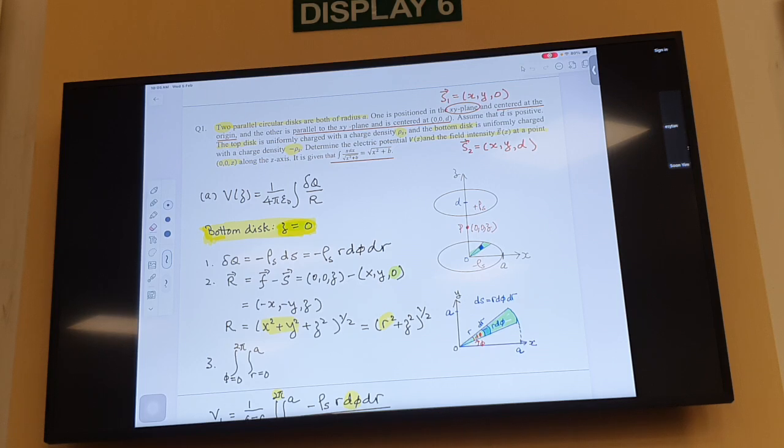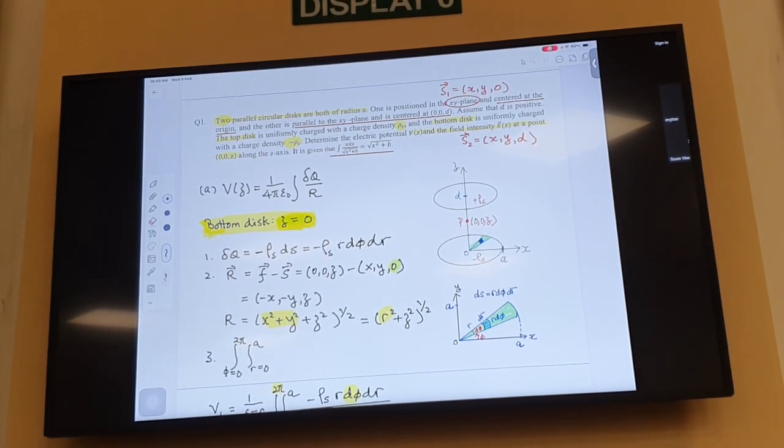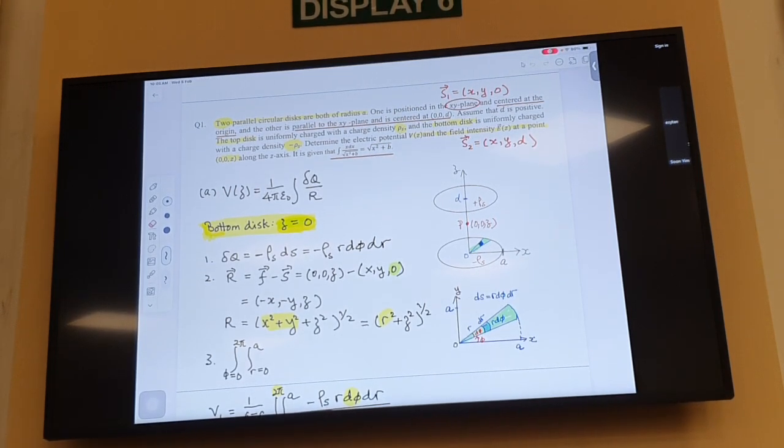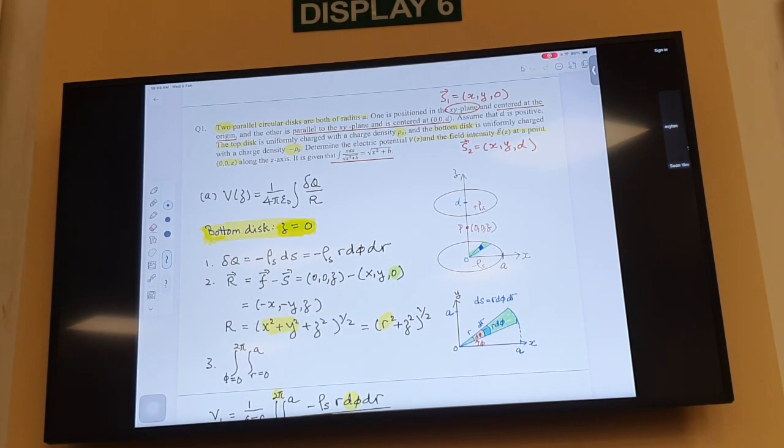If you have a phi here, this angle, you cut a very small angle here, called d phi. This length is r, and this small length here will be dr. But we are not interested in d phi alone. One common mistake, some students write the area element as d phi dr, which is not right. You want to calculate this length dr multiplied by this other length.